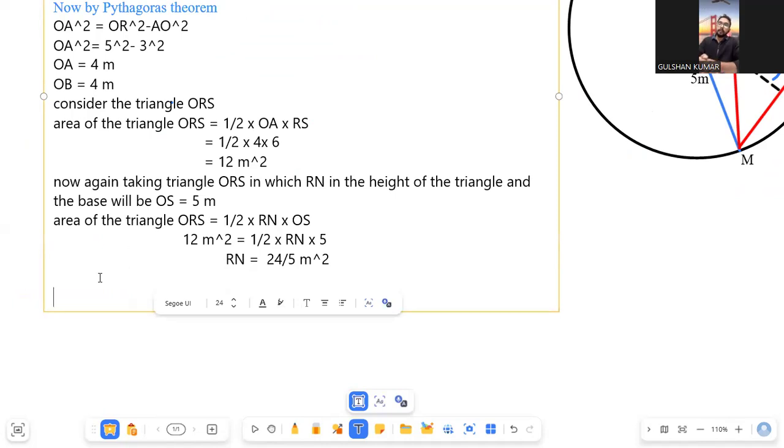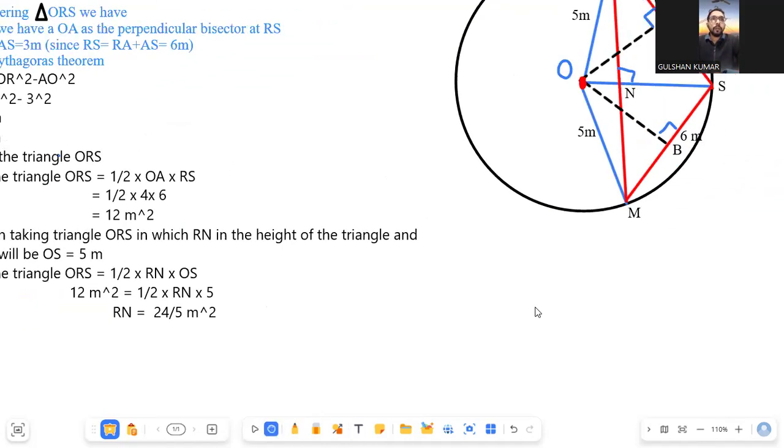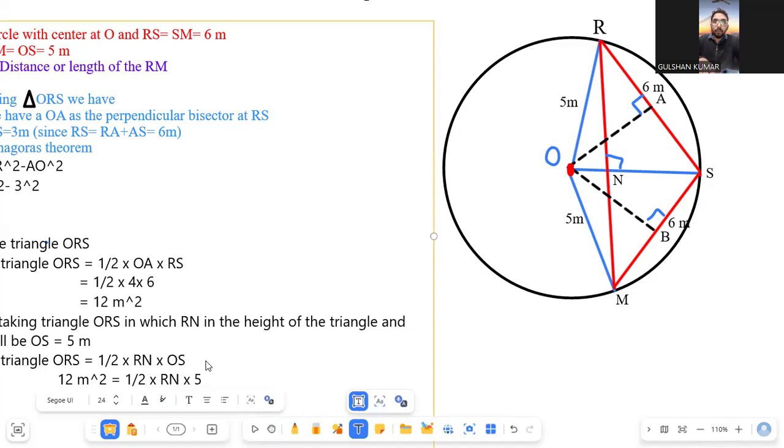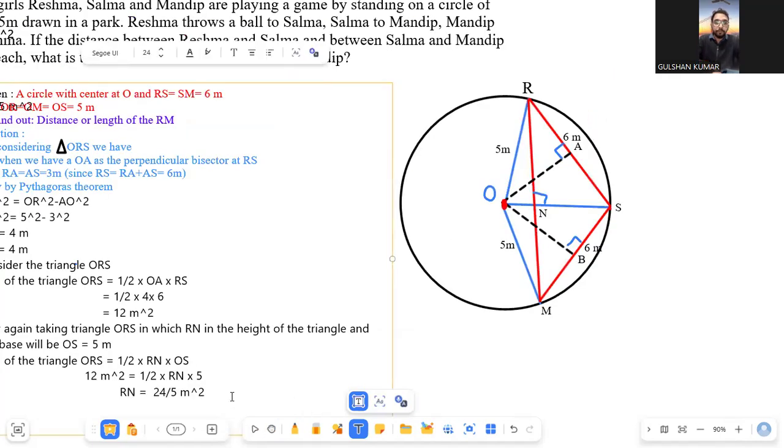And now see here that RN will be 24 by 5 meter, it is not meter square, it will be only meter.